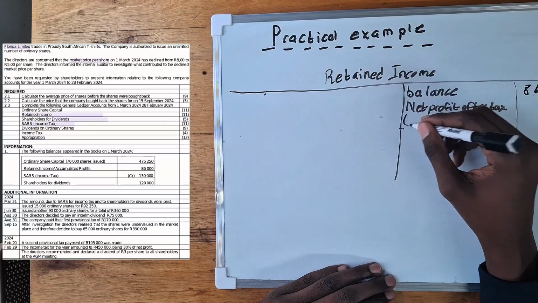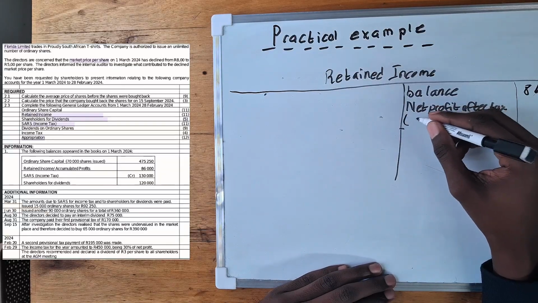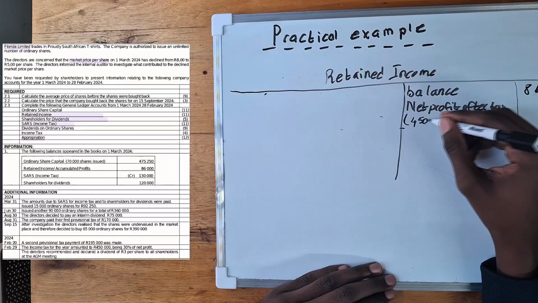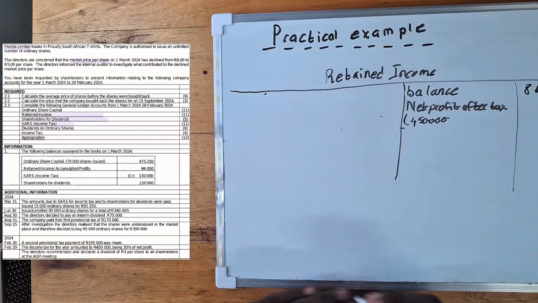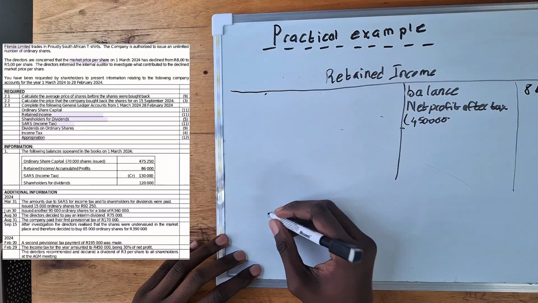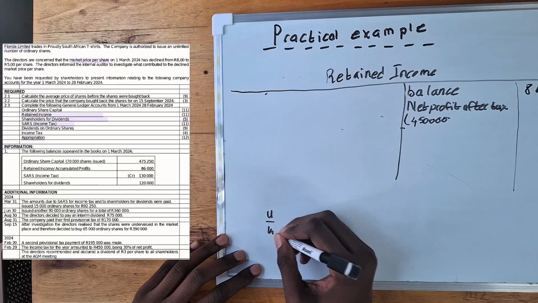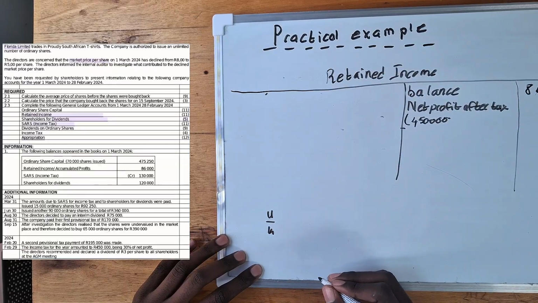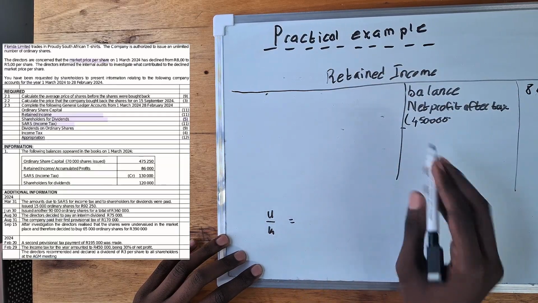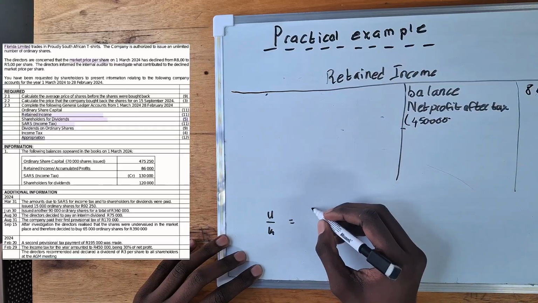Now we're given the tax, which is 450,000, right? So what I like to do is use the unknown amount over the known amount, right? So here we know that the net profit before tax is 100%.